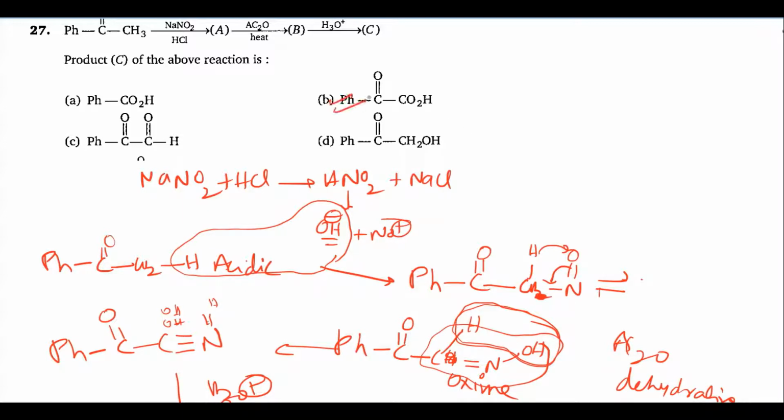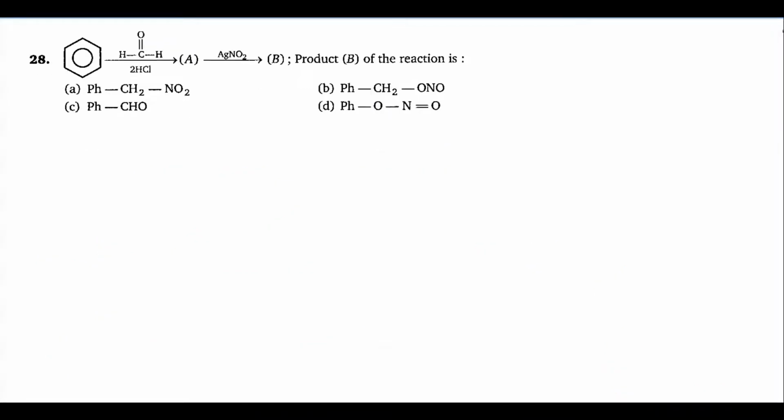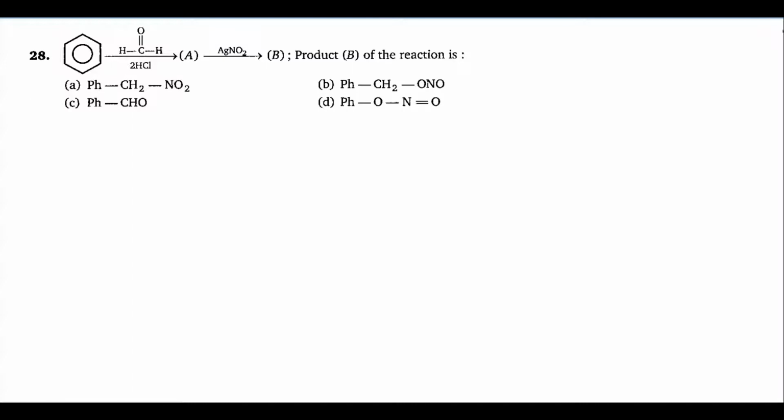Okay, now question number 28. Yes, this is question number 28. So you can see here, first of all, HC double bond OH treated with HCl, H plus and Cl minus. Then the bond is going to break, like this is negative, here this is positive.